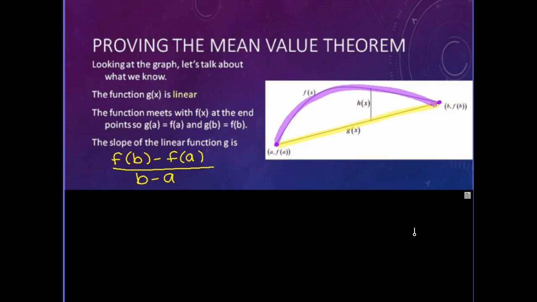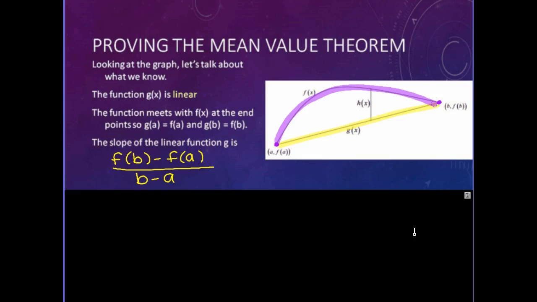What would the derivative of a linear function then become? Constant. Okay, and what constant would it become? f of b minus f of a, all over b minus a.